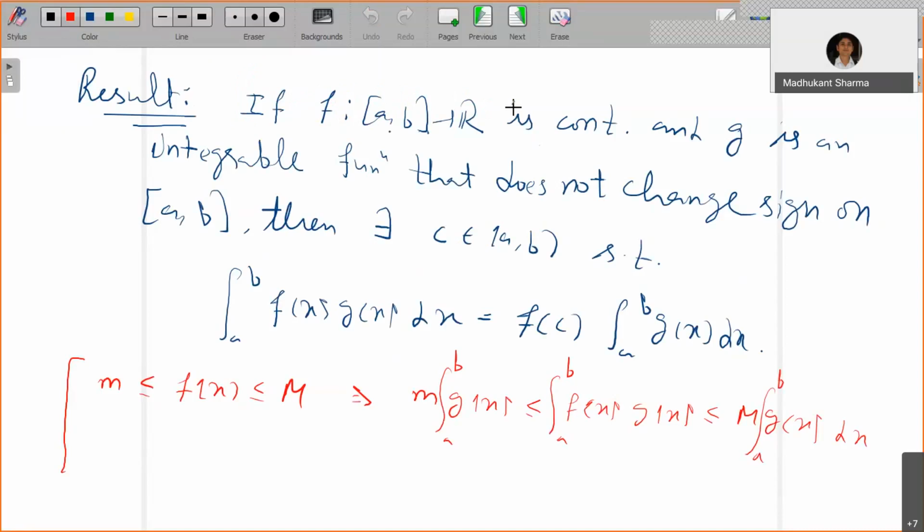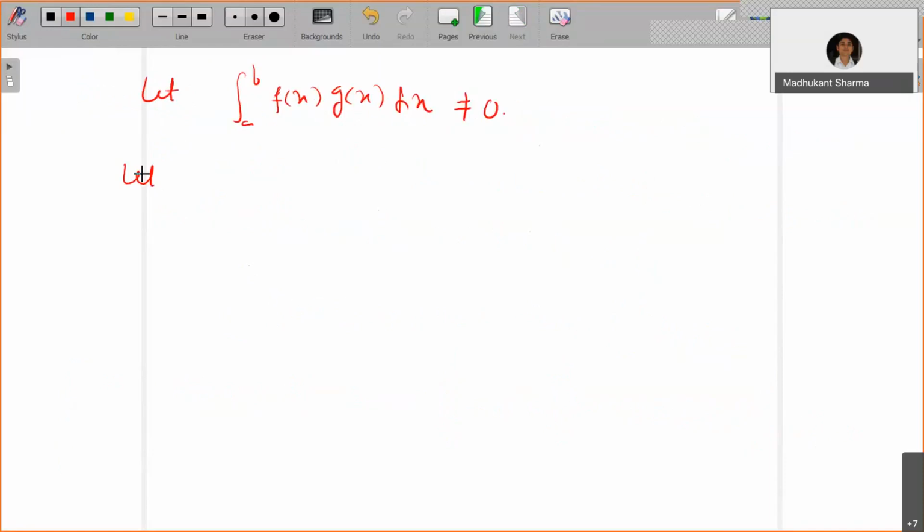Also, you can have the integration from a to b of g of x dx. Let's say this is non-zero. Okay, so let this be equal to I, a non-zero number.